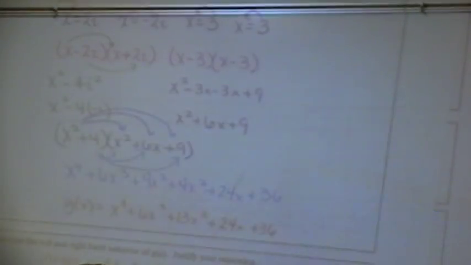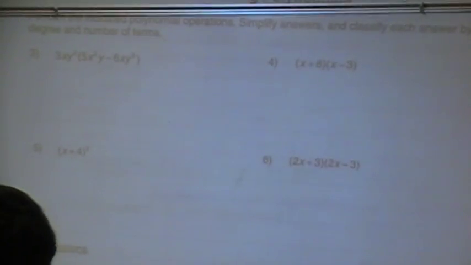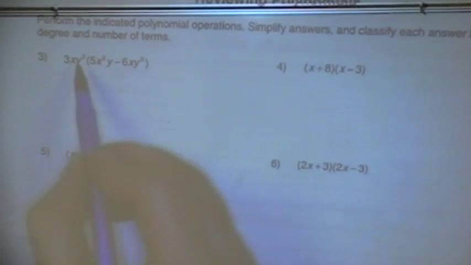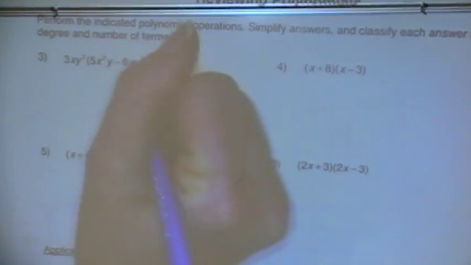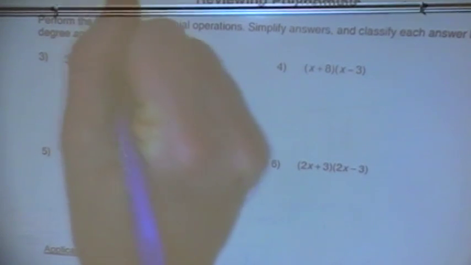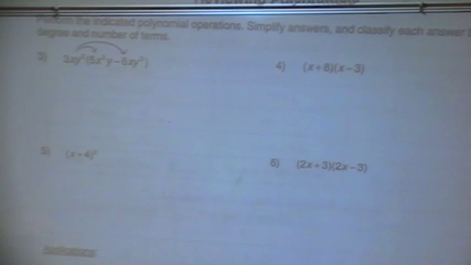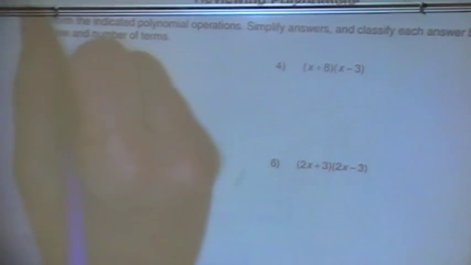So we need to clear the grouping symbol. On number 3, the grouping symbol is there to indicate multiplication. We want to multiply this monomial by this binomial, so I'm going to distribute. Don't forget all the stuff we talked about yesterday. Multiply coefficients, so it's going to be a 15.